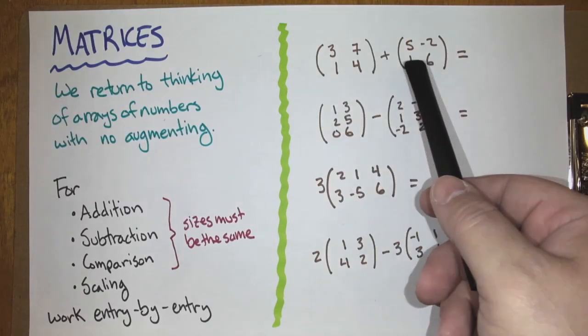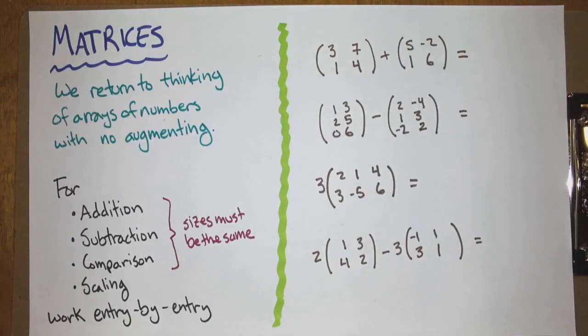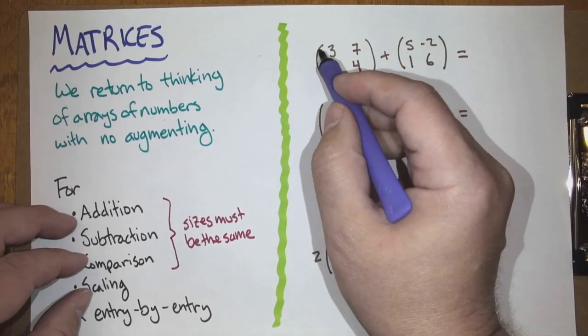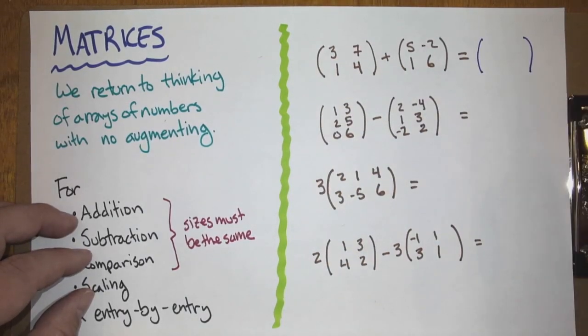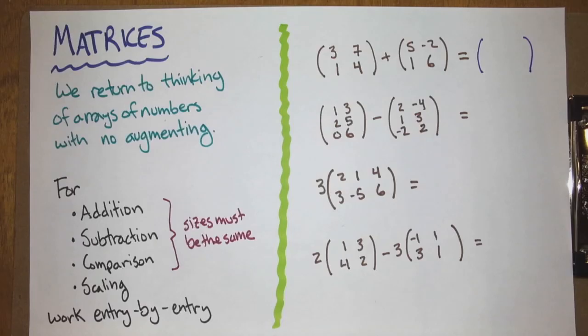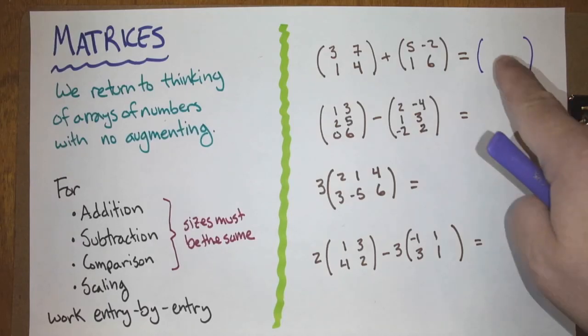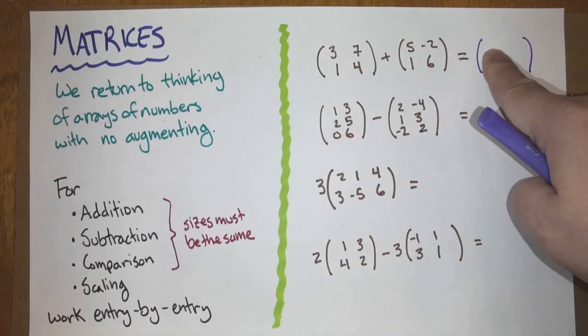I want to add these two matrices together. So, I have said, add entry by entry. I start with 2 matrices, 2 rows, 2 columns. I'm going to end up with 2 rows, 2 columns. How do I find this upper left entry?